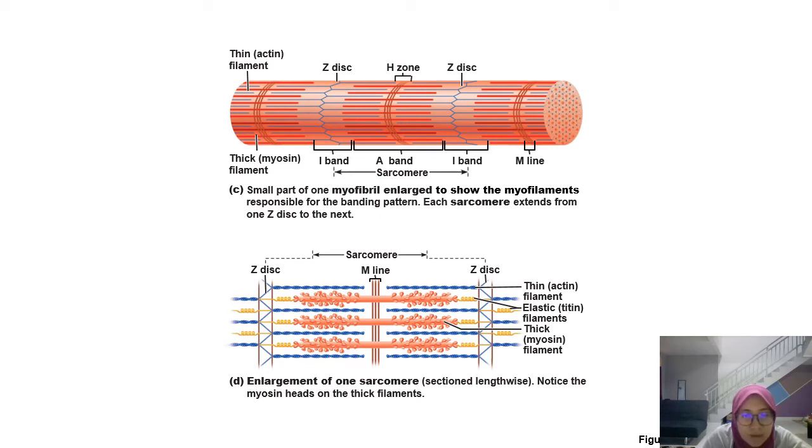Here, this is myosin, which you can see has a head. Okay, and then the blue line we call actin. Okay, actin. And then at the center of the A band, between the Z discs, we have the H zone, zone kawasan, and then the line of the H zone we call the M line.